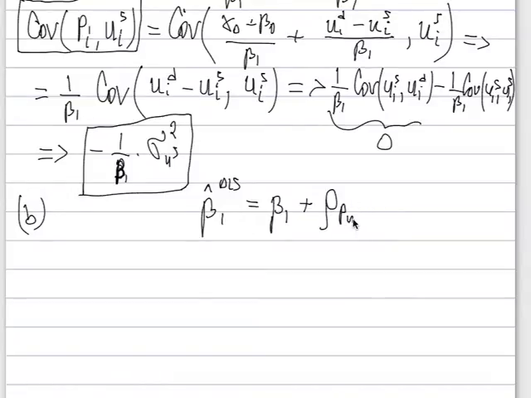It's the correlation between P and U, times sigma U over sigma P. So this is the standard deviation of U, and this is the standard deviation of P. Now use the finding in A to prove that OLS is an inconsistent estimator. Now what is this rho equal to?